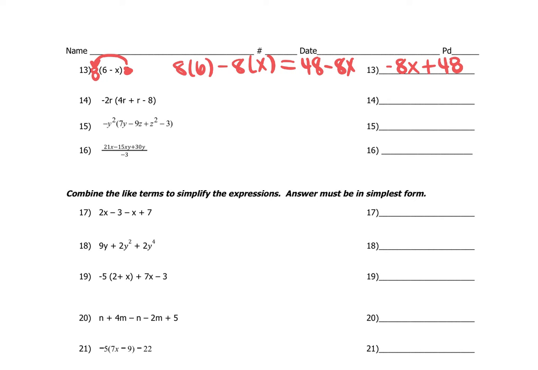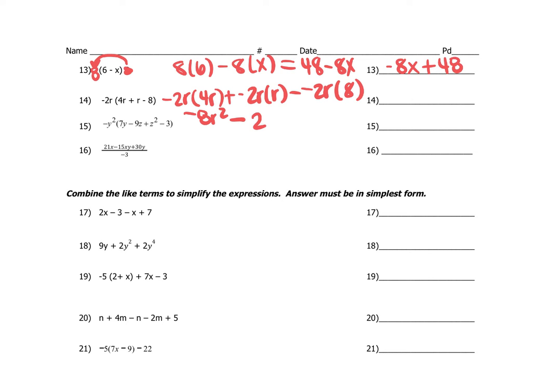Number 14, we want to distribute a negative 2r to all 3 terms inside the parentheses. From there, we'll multiply, and we will get negative 8r squared. We'll go ahead and make this a minus because we don't need that double sign there.